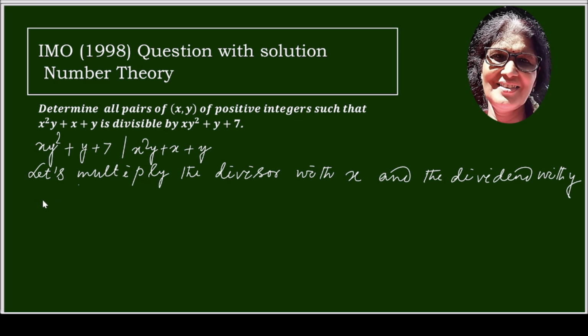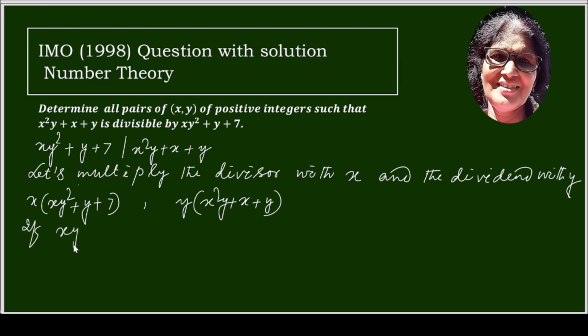That means I am getting the divisor x times x y square plus y plus 7, and y times x square y plus x plus y.